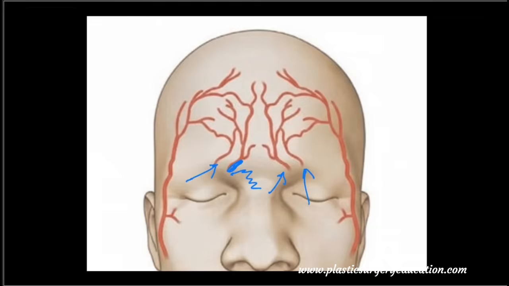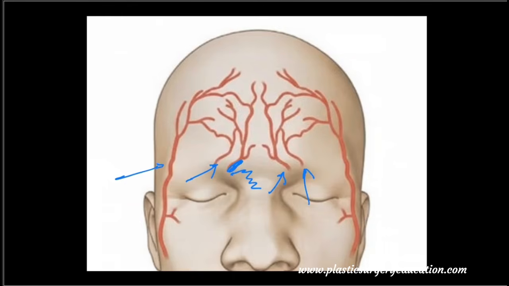Now these positions are variable in different cadaver dissections, but yes, these are the anatomical locations in general of the supratrochlear as well as the supraorbital arteries. Supratrochlear and supraorbital arteries are branches of the internal carotid system. Same thing is true for the dorsal nasal artery.